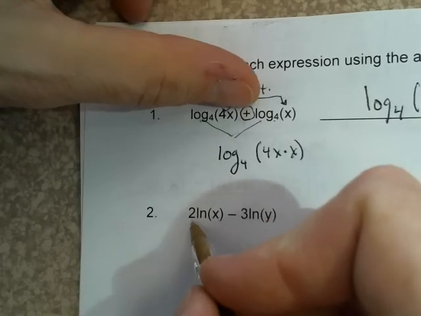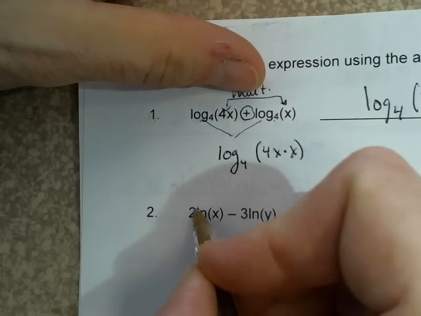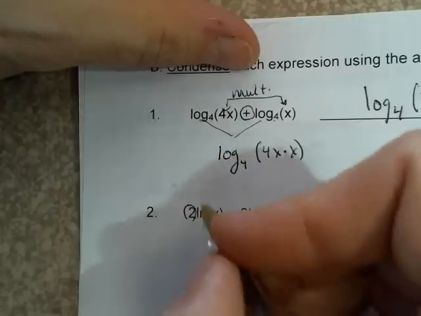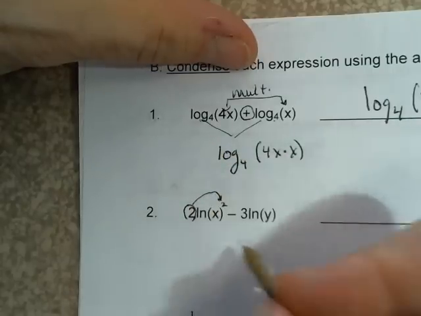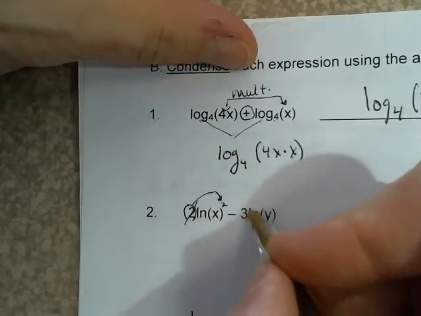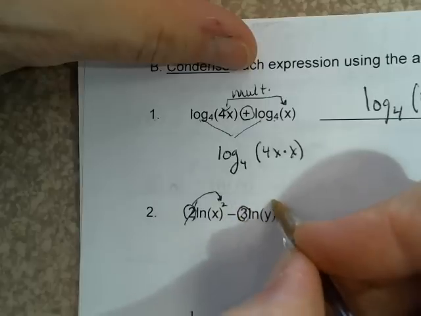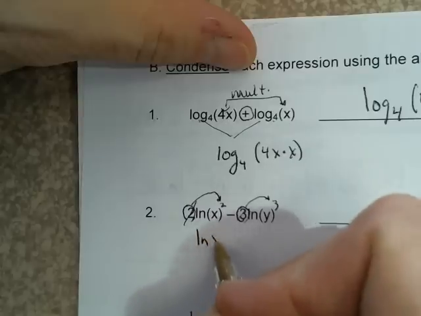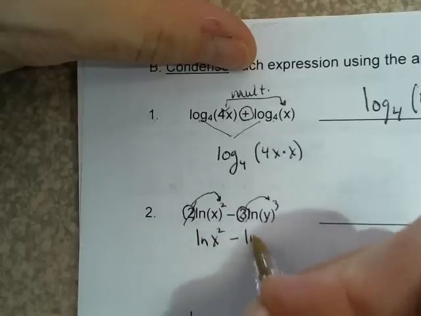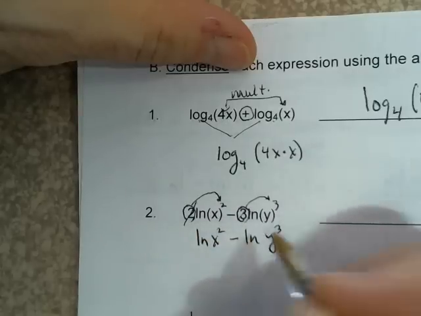Whenever you have a coefficient out in front, we're going to go in the opposite direction. If we have to condense, we're going to take this coefficient 2 and make it an exponent on that x. So that 2 goes away. This 3 coefficient becomes the exponent on y. So what this really says is the ln of x squared minus the ln of y cubed.